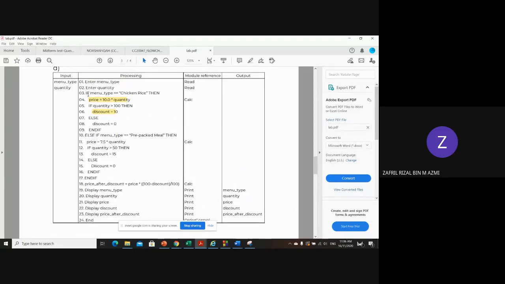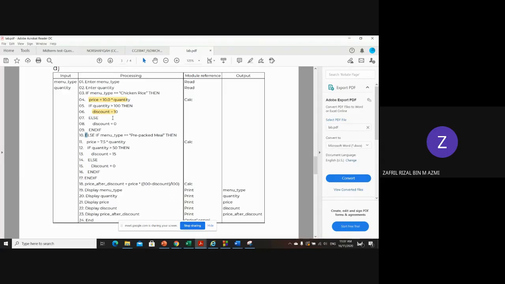Okay, so I noticed this. This is wrong, since there's only if and else. There are only 2 conditions, meaning if, else. If you have 3 conditions, it would be if, else if, else.